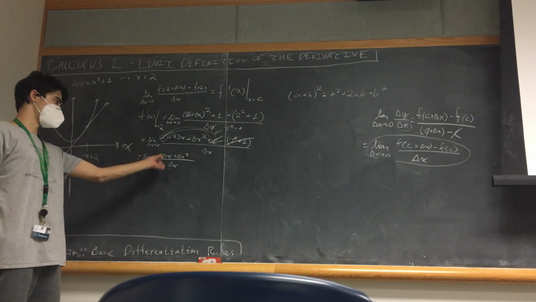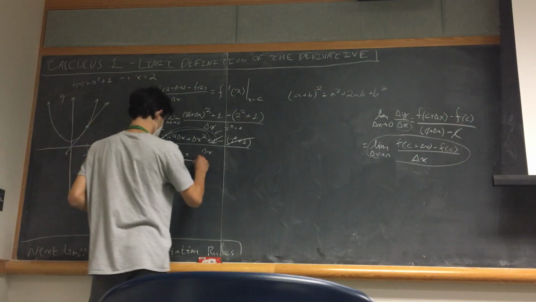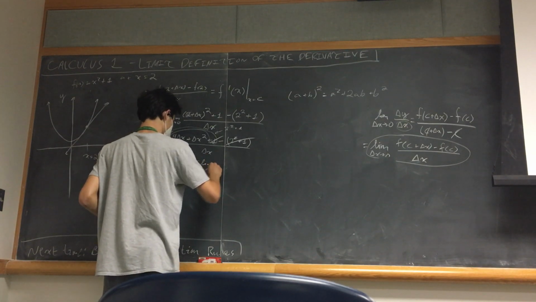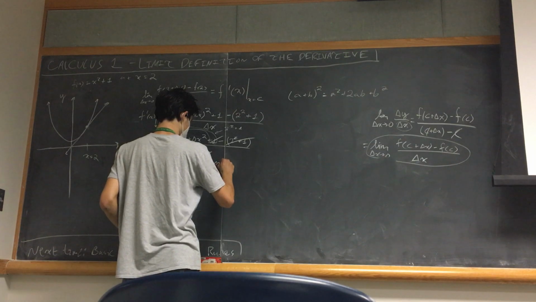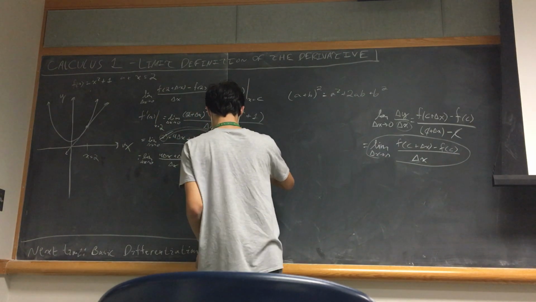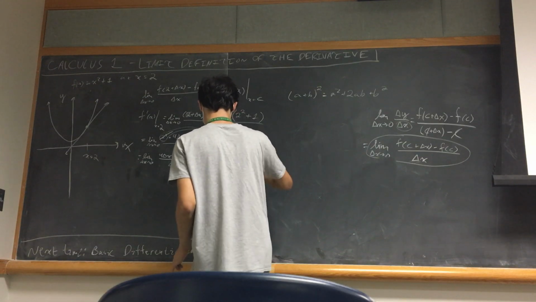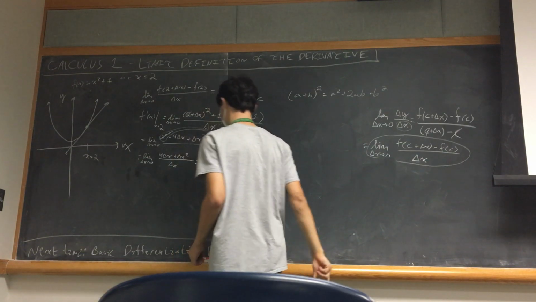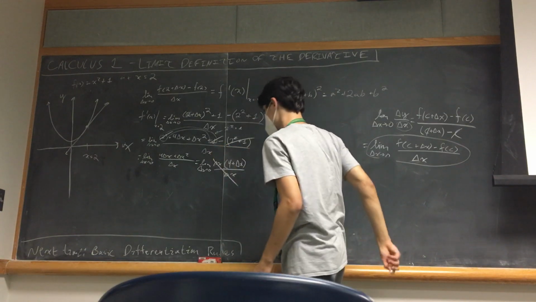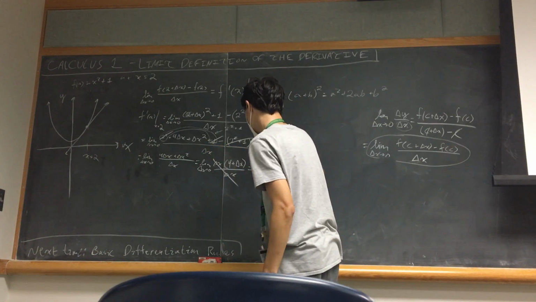Now we can factor a delta x out to the front. We get the limit as delta x approaches 0 of delta x times 4 plus delta x over delta x. And these delta x's cancel.